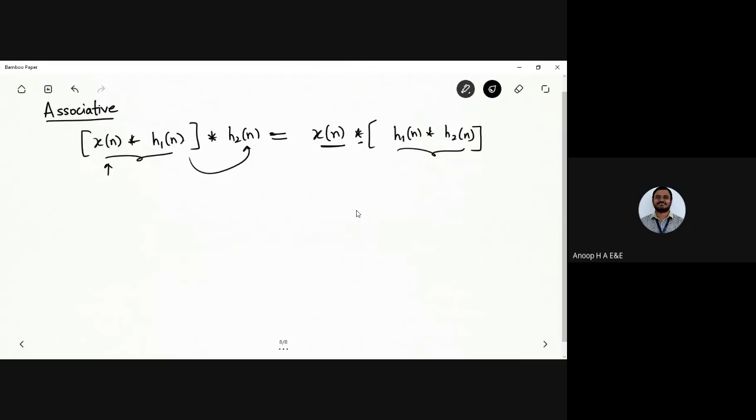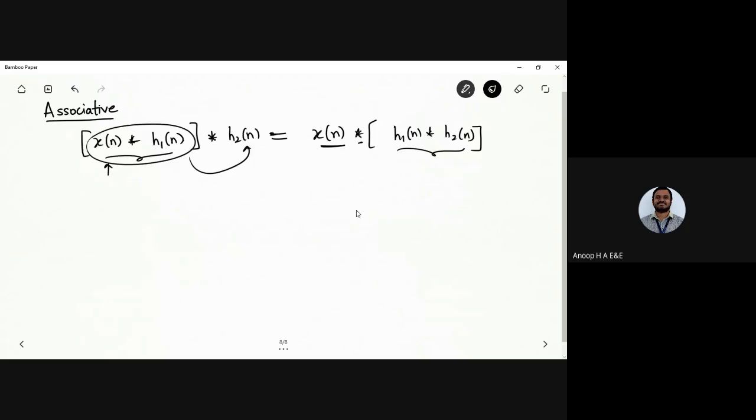We have to verify whether the associative property holds good or not. So x of n convoluted with h1 of n, and then that whole result is to be convoluted with h2 of n. Is it equal to x of n convoluted with h1 of n convoluted with h2 of n? Now let us start with the proof. I can call it function 1 and function 2 for your understanding.